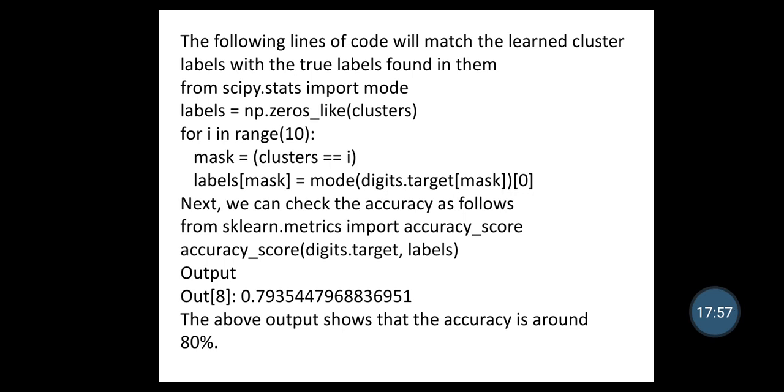Next we can check the accuracy as follows: from sklearn.metrics import accuracy_score, and use accuracy_score with the parameters digits.target and labels. After execution it gives some values, which define the predictions of the dataset used in our program.